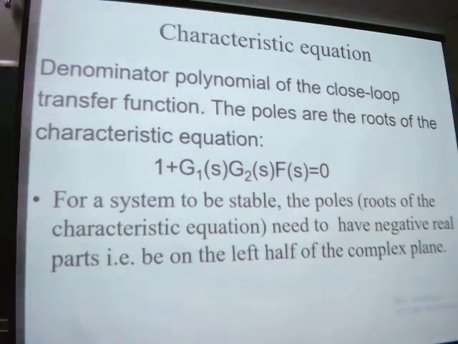For a system to be stable, the poles, or the roots of the characteristic equation, need to have negative real parts, meaning they must be on the left part of the complex plane.